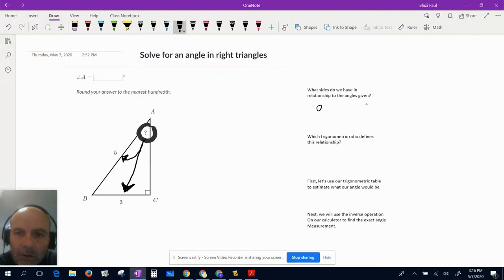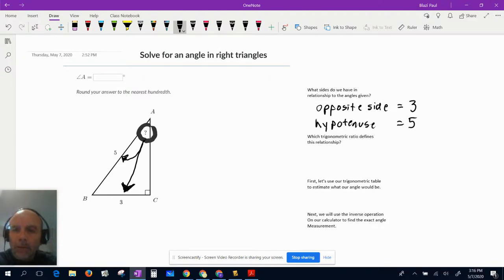So it's giving us the opposite side, which is 3, and the hypotenuse, which is 5.